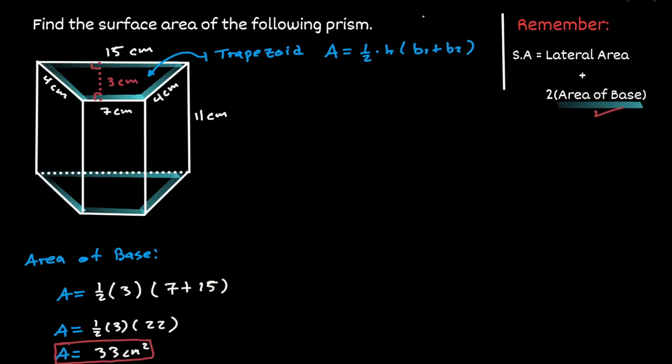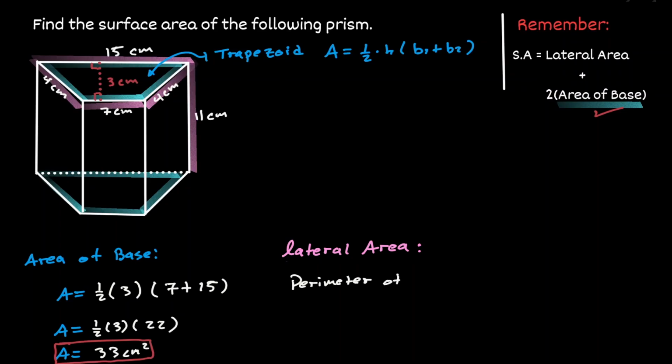A shortcut is to look at the base, find the perimeter of that base, and then multiply it by the height of the prism. That will give us the same area as if we were to add each one of them individually.